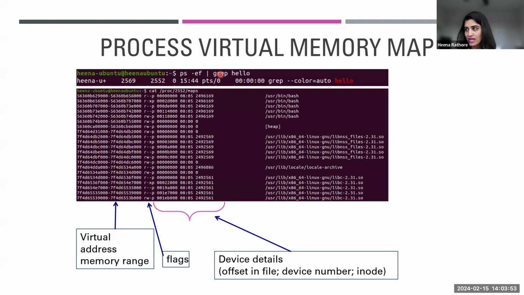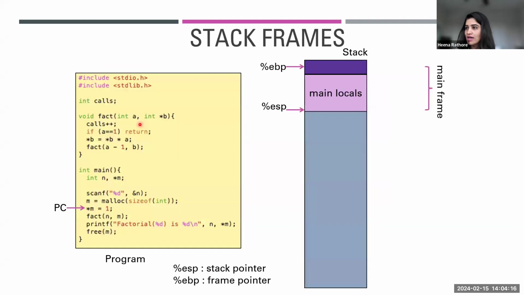We also saw that we can find the process ID created for a specific object file, which is 2552. In this virtual map, we can see a heap is created, and there is also a stack which is dynamic in nature.